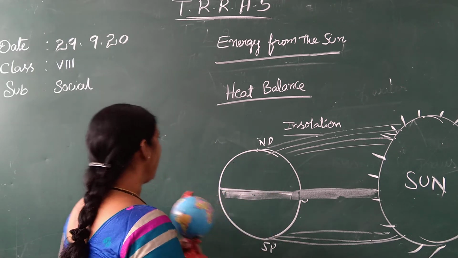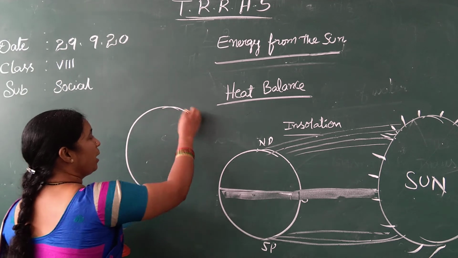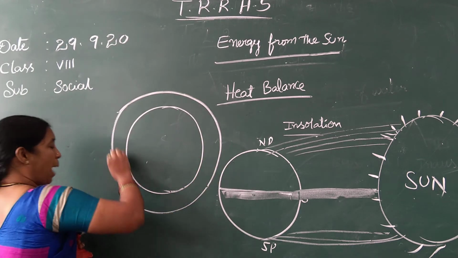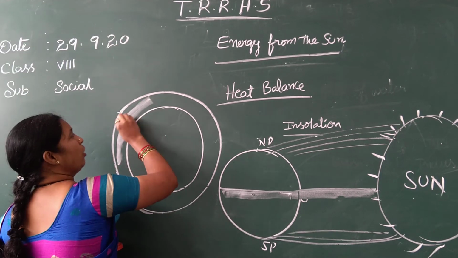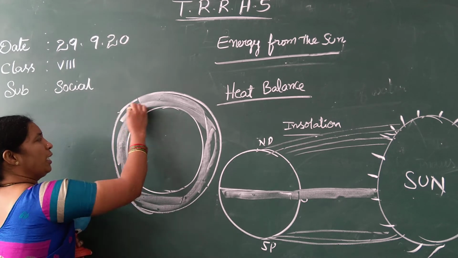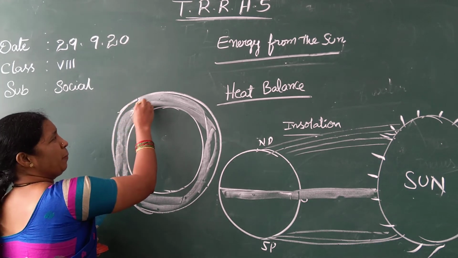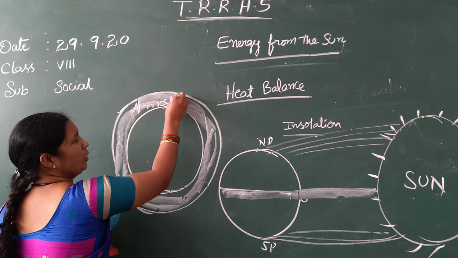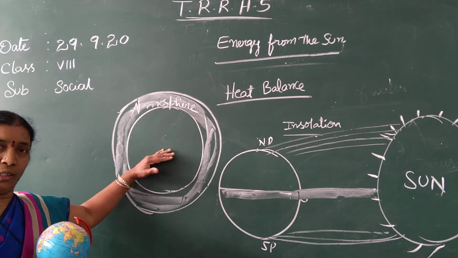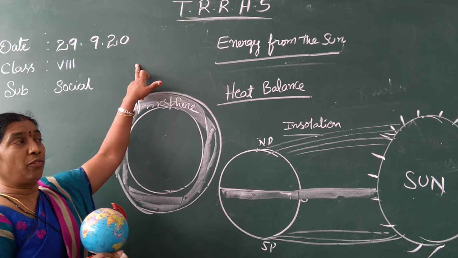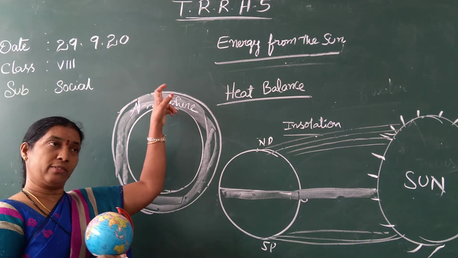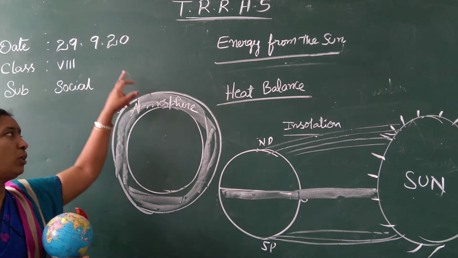The earth is playing a very good role. How is it playing such a good role? Because there is a blanket-like wrapping, a thin layer of atmosphere around the earth. So that atmosphere is taking care of the earth. And previously I told you, from the sun there are some dangerous UV rays, radio waves, X-rays coming to the earth.